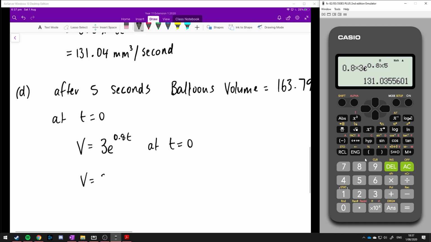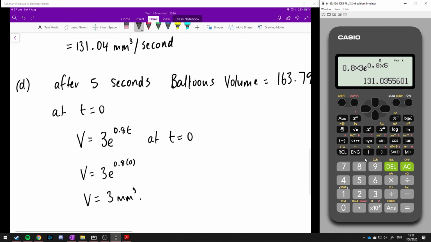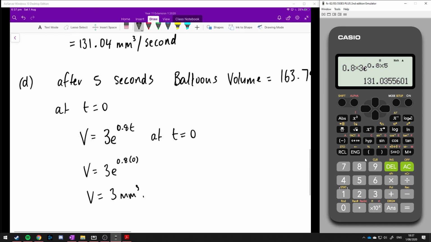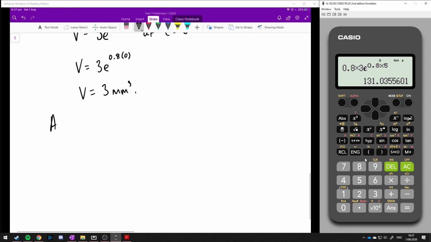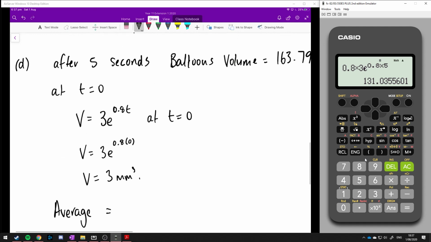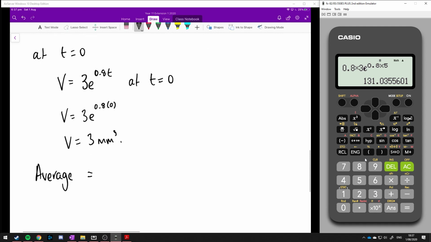V is equal to 3e to the 0.8 lots of 0, which means that V is equal to 3 millimeters cubed. Now that might just mean in this case that there's a little bit of air already in there to begin with. And in most balloons' cases, there's probably going to be something in there to begin with. So it's probably a reasonable amount. So the average is just the sum of the two, so 163.79.